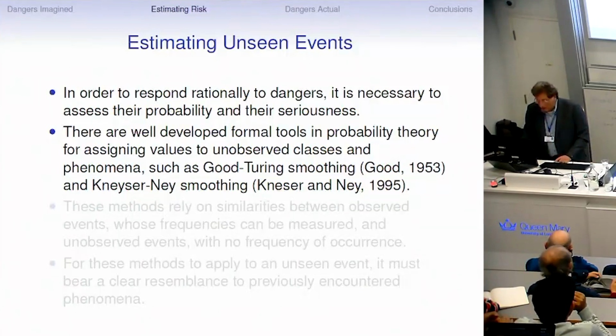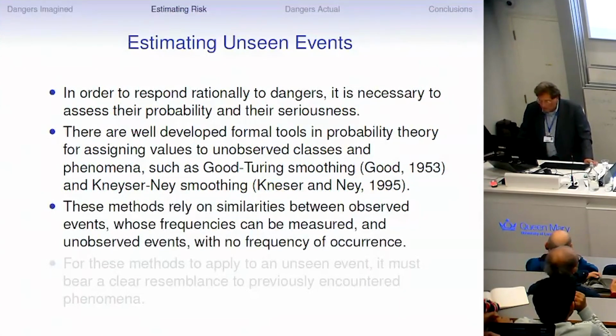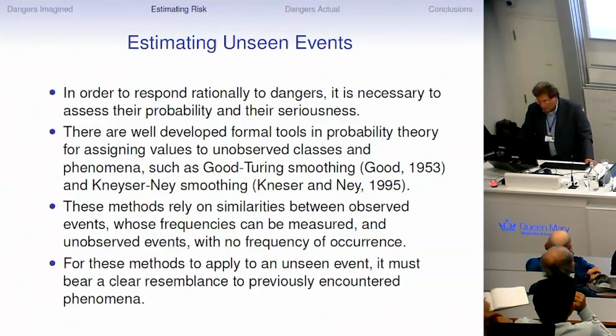We know that they can occur, and we have to anticipate what their likelihood is. Now, all of these methods rely on similarities between the observed events that you do see in past experience or in a corpus, whose frequency can therefore be measured, and unobserved events which have no frequency. Without those relationships of similarity, you can't begin to make sense of what's going on. For these methods to apply to an unseen event, it has to bear clear resemblance to previously encountered phenomena.